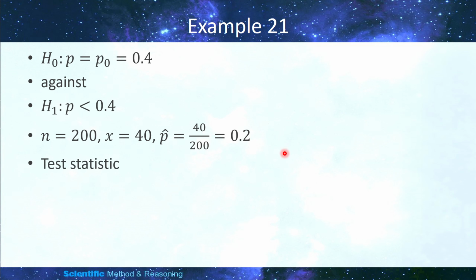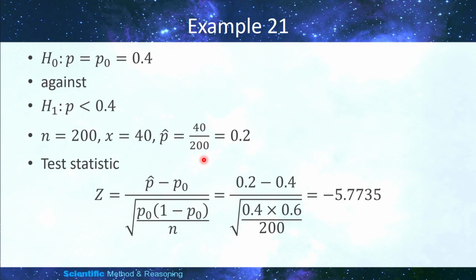So we can calculate the standardized test statistic, which is P hat minus P naught, where P naught is the hypothesized value under the null hypothesis. Even in the variance term, we make use of P naught.